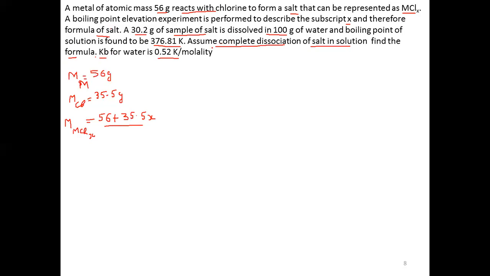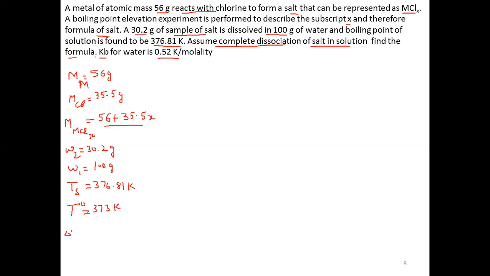Next we are given weight of salt as it is solute, so I will simply denote it by W2. W2 is 30.2 grams. Next is given W1, W1 is equal to 100 gram. What else is given? Boiling point of solution is 376.81 Kelvin, and as the solvent is water, boiling point of water is 100 degrees Celsius or 373 Kelvin.